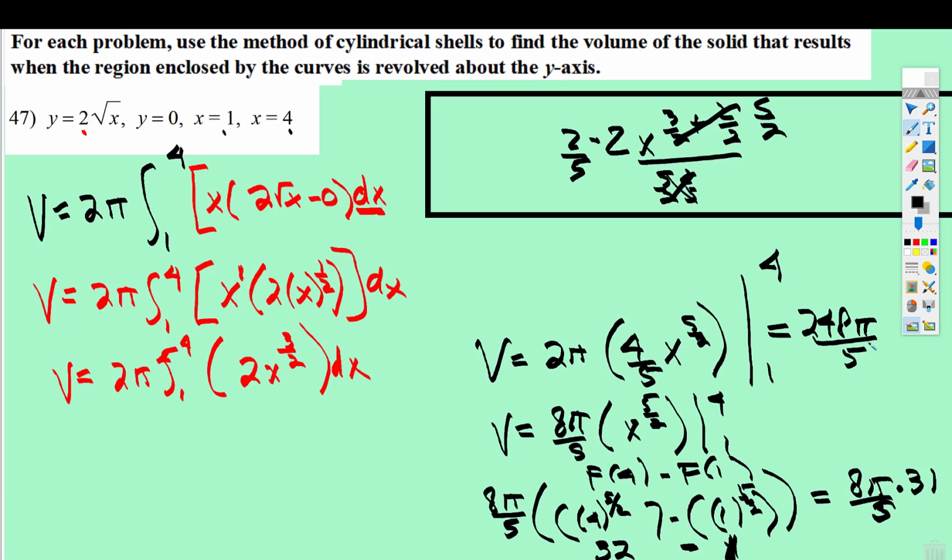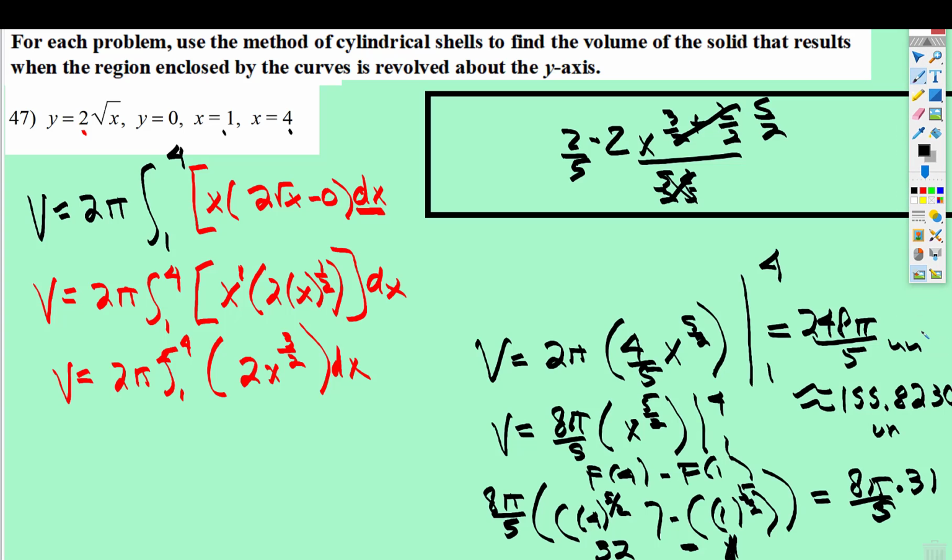So 248 fifths times pi is about 155.8230, and it's units cubed.